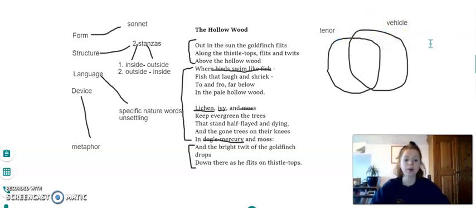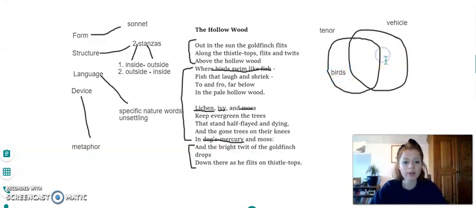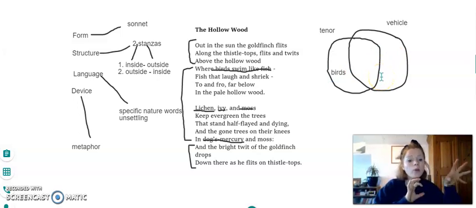So the tenor in the poem is the thing being described. In this instance, the tenor would be birds, because the birds are the subject of the metaphor. And then the vehicle is the other word that's being brought into the poem to help us describe the tenor.